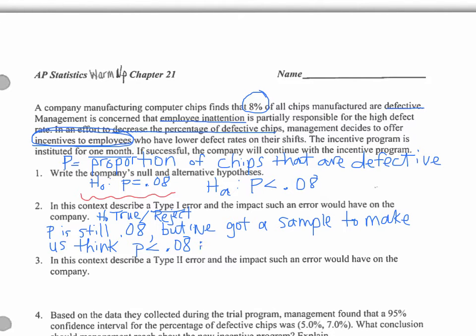And so then what's a consequence of that? You know, we lose money. The company would lose money on incentives that do not really work.